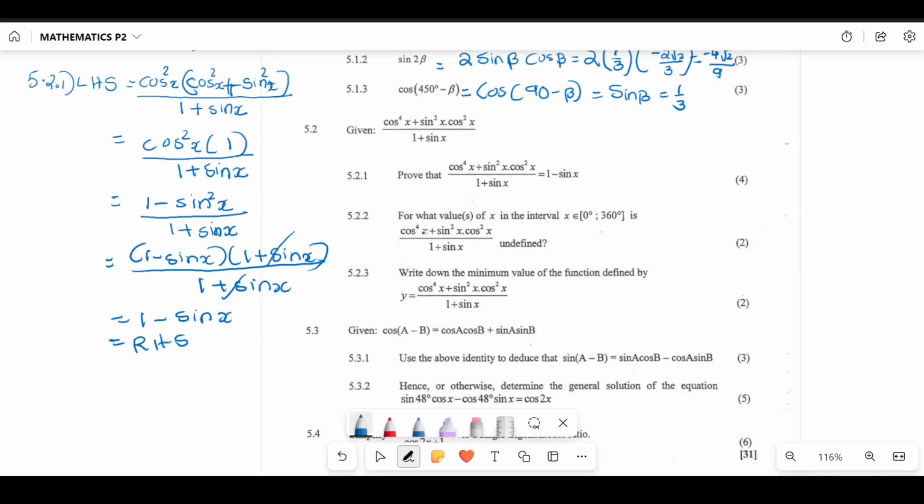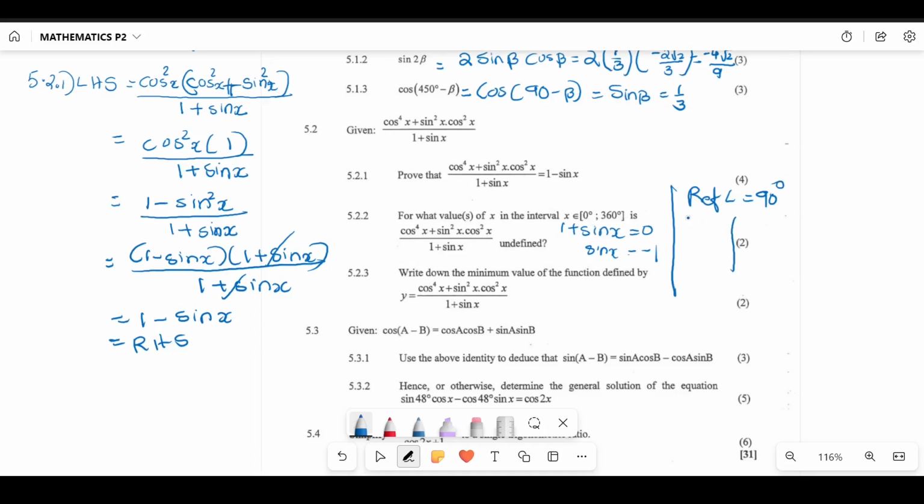Now 5.2.2, for what values of x in the interval x from 0 to 360 is this undefined? Undefined when the denominator equals 0, that means 1 plus sin x equal to 0, that means sin x equal to negative 1. We are solving the equation now. The reference angle is sin inverse 1, which is 90 degrees.